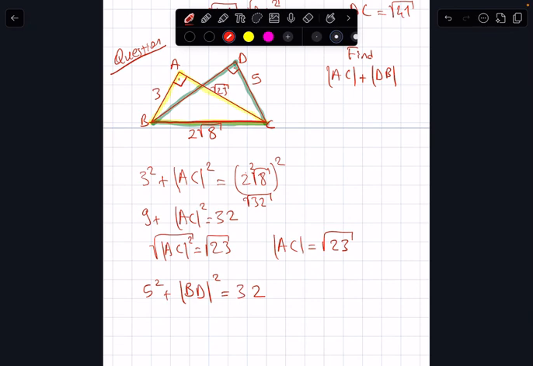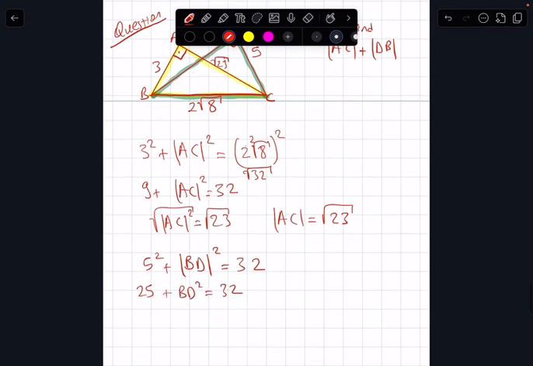If I take the square of it, 4 times 8, 32. 25 plus BD squared, 32, right? 7. BD is equal to square root 7.